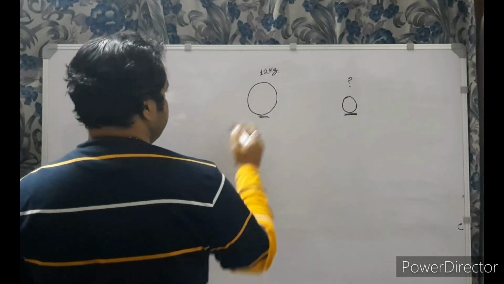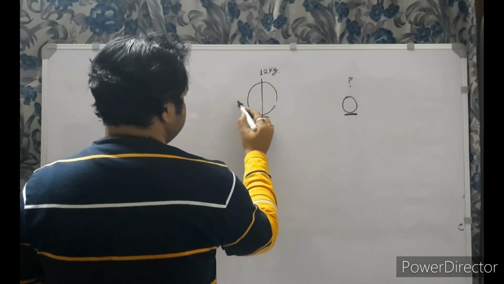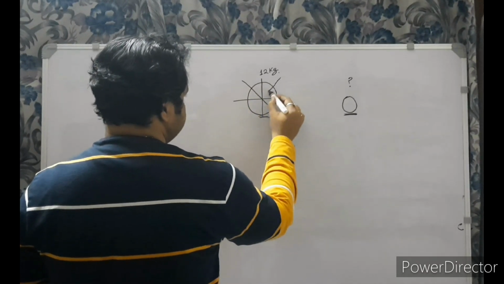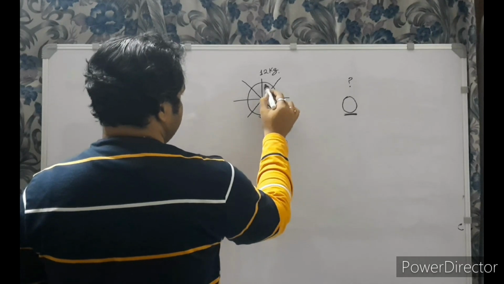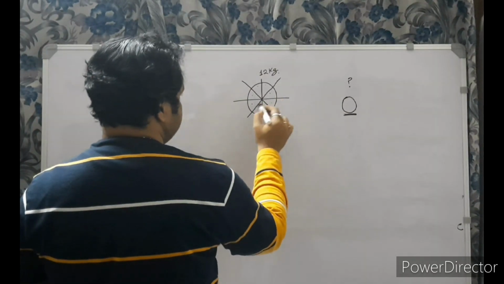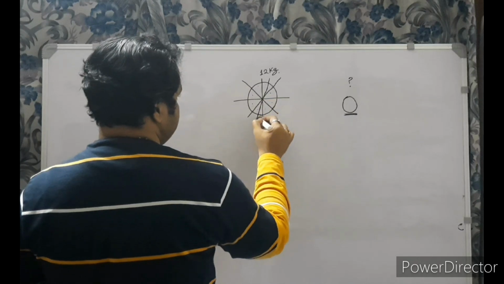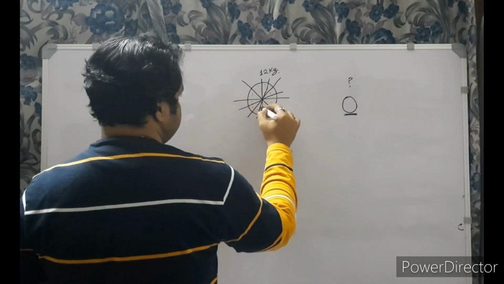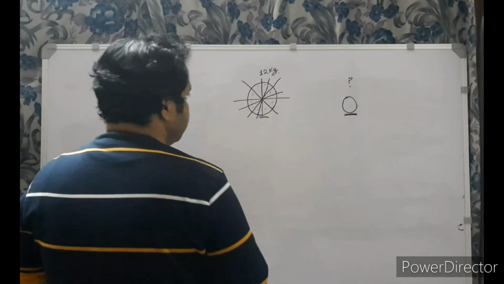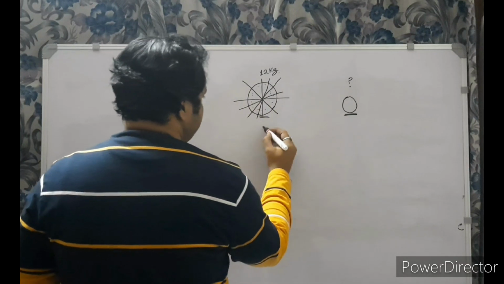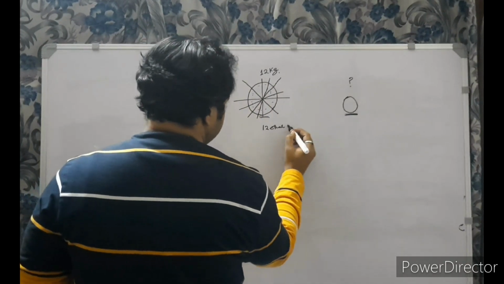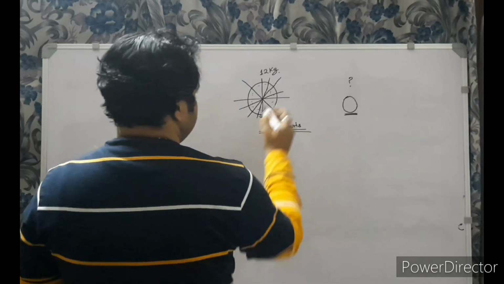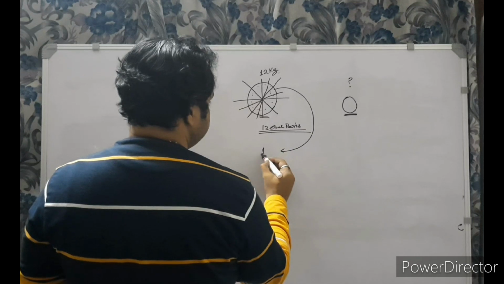So for that what we do is let's divide this object into 12 equal parts, 1 2 3 4 5 6 7 8 9 10 11 12. So if these are 12 equal parts, each part is 1 kg.